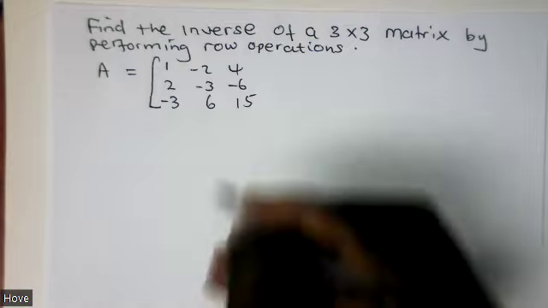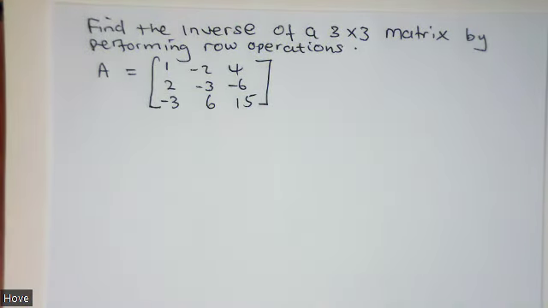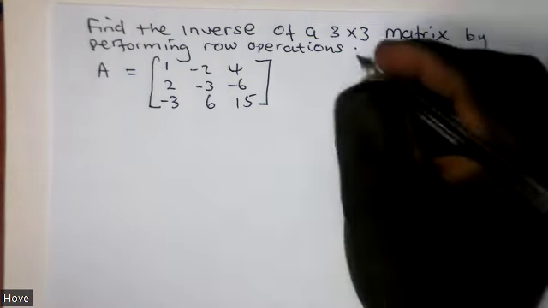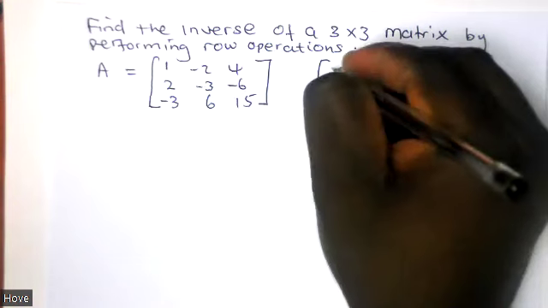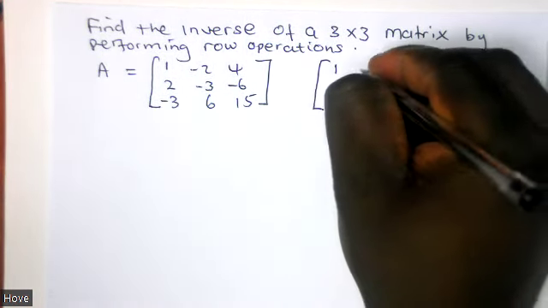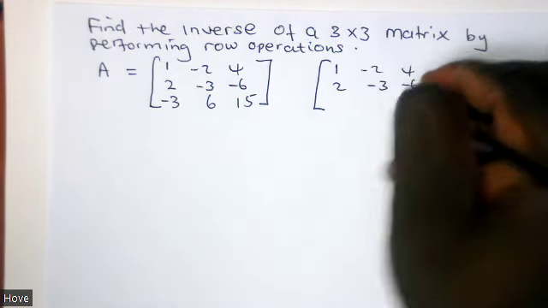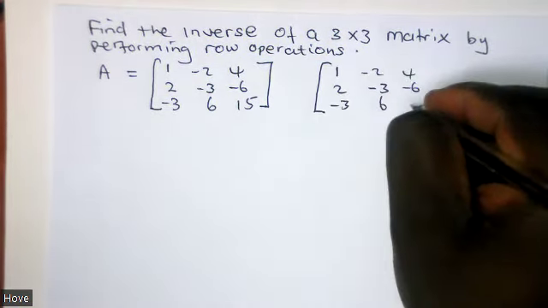It's a 3 by 3 matrix. To find the inverse, you have to reproduce the matrix on the extreme left, that is 1, minus 2, 4, 2, minus 3, minus 6, minus 3, 6, 15.